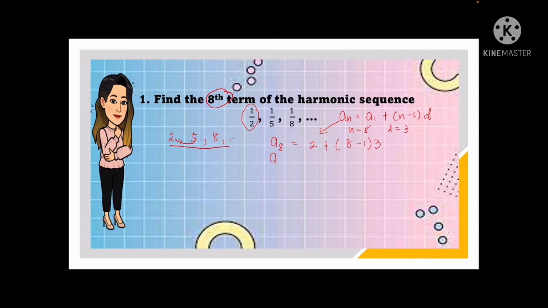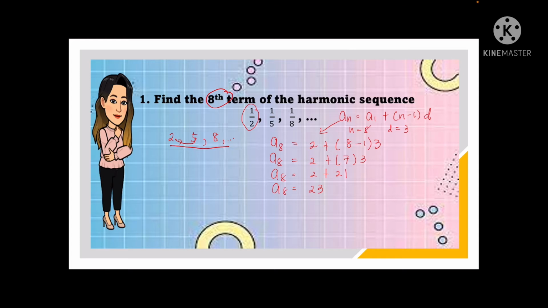Simplify your answer: a sub 8 is equal to 2 plus 8 minus 1, we have 7 times 3. So, a sub 8 is equal to 2 plus 21, okay? So, a sub 8 is equal to 23. Our 8th term is 23.